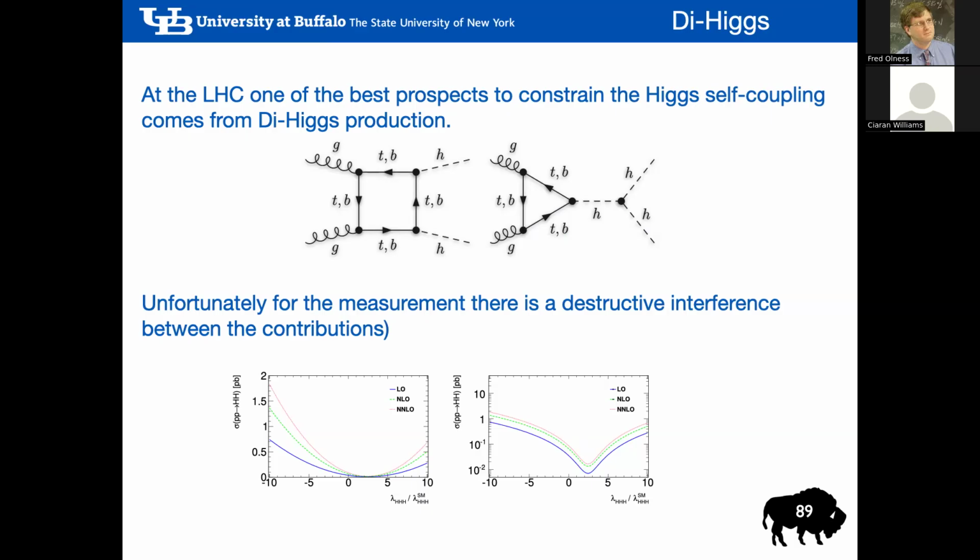We see that there's this destructive interference between these two contributions, and so the cross section is reduced around the standard model value. If I had large deviations from it, then maybe the interference pattern breaks and it becomes more easy to see, more or less. But the point is, it's a very hard process, and this is a very small part of the total. Right? The Higgs is a real background to itself here.